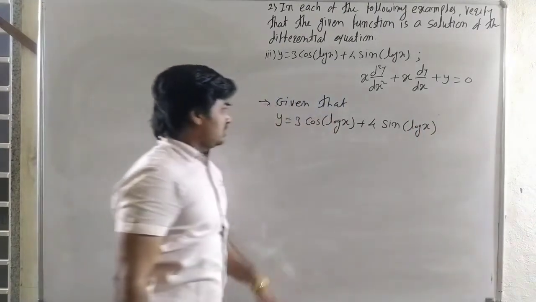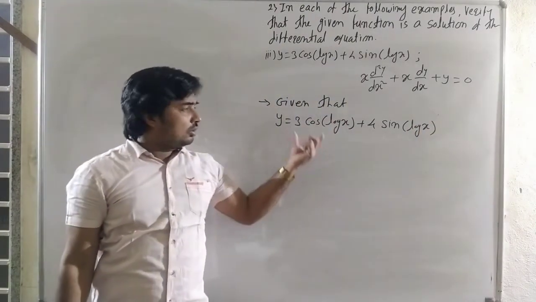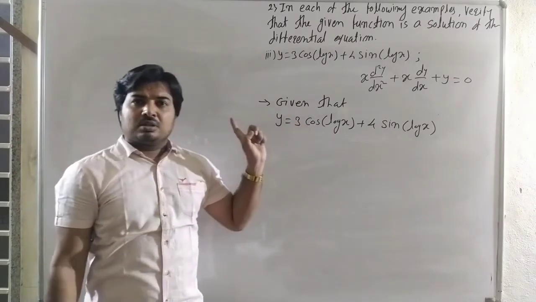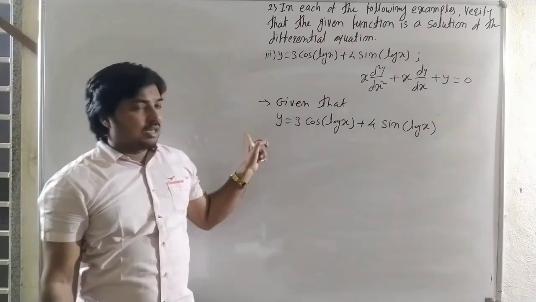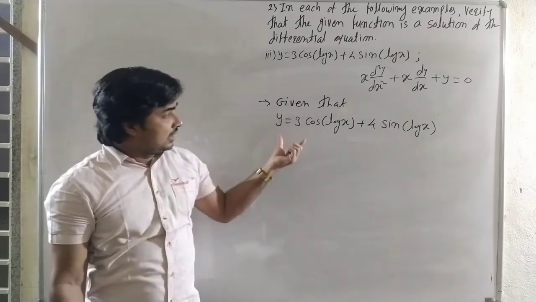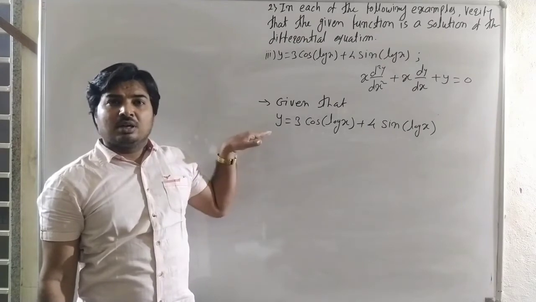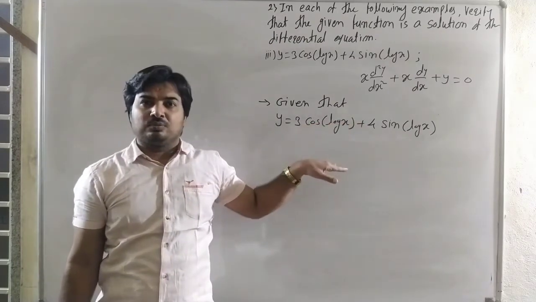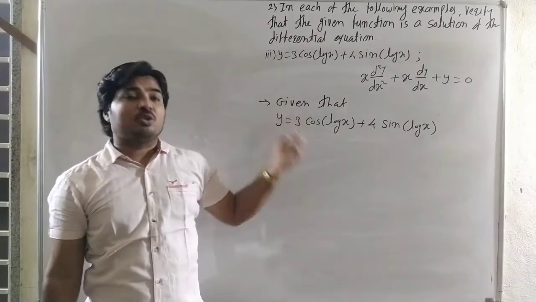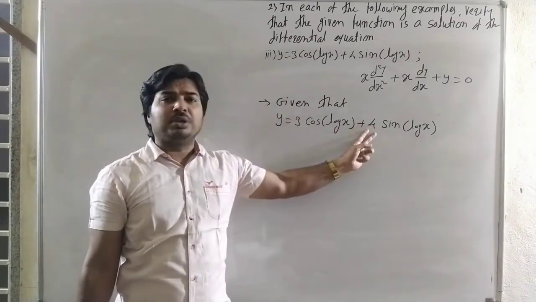Such type of example we have already learned two times, first in the differentiation chapter, our first chapter, and in the chapter formation of the differential equation. Only here the 3 and 4 replace the arbitrary constants, here it is a and it is b.